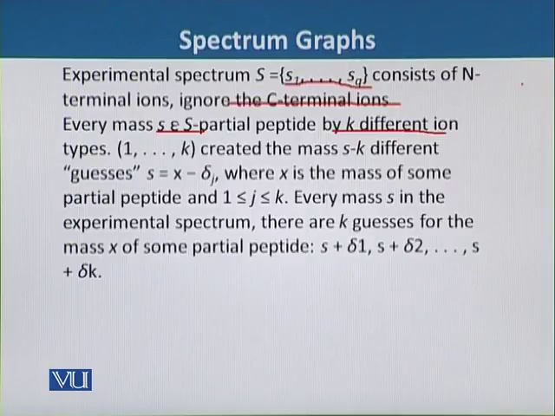Every guess corresponds to the hypothesis that s equals x minus delta j, where delta j is the ion that is created, x is the mass of the small partial peptide, and 1 is less than or equal to j, and j is less than or equal to K. So for every mass s in the experimental spectrum there are K guesses of partial peptides: s plus delta 1 for the first ion, s plus delta 2 for the second ion, and s plus delta K for the last type of ion.